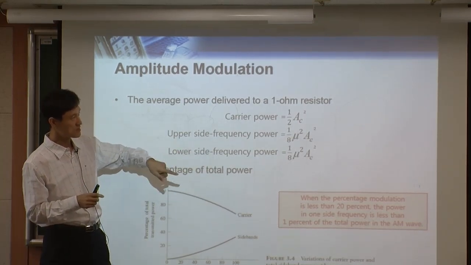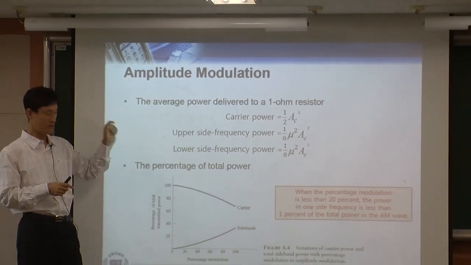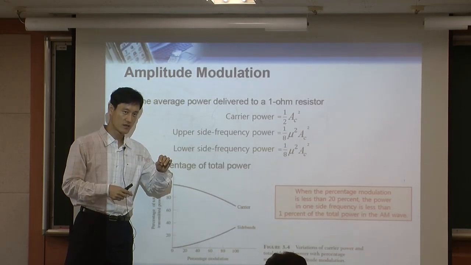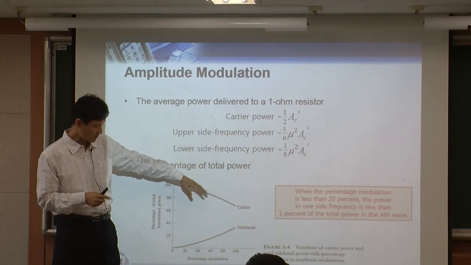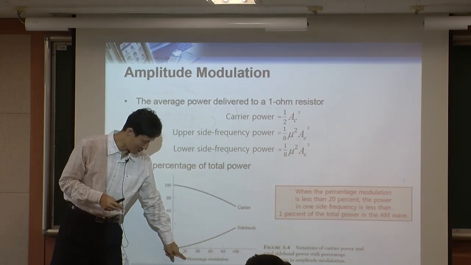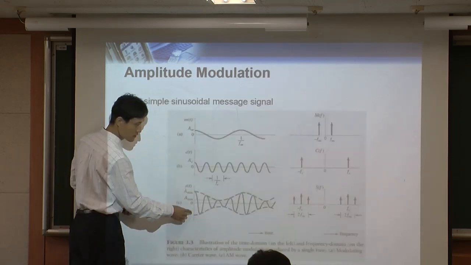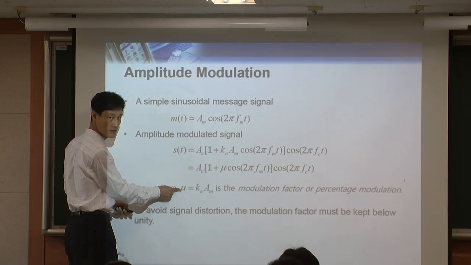Carrier in this case means the blue one, the Dirac delta. And this one shows you the energy included in the white part. Now it changes, right? And what is the x-axis? This is the percentage modulation. That's the modulation factor, which is what we are seeing on the x-axis.